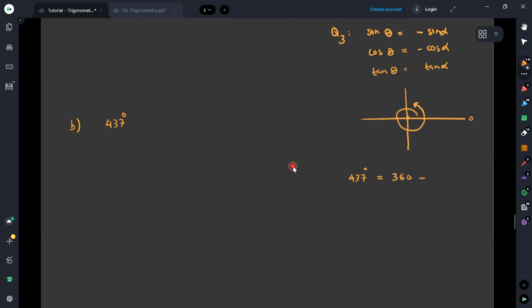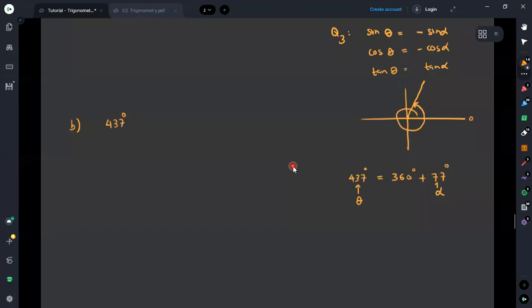It is less than 90. Therefore, we get 437 in the first quadrant. Therefore, we can take 360 plus 77 degrees. We take 77 as the value alpha, and here we take 437 as the angle theta.